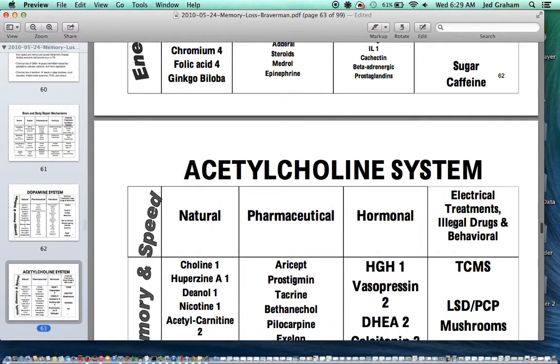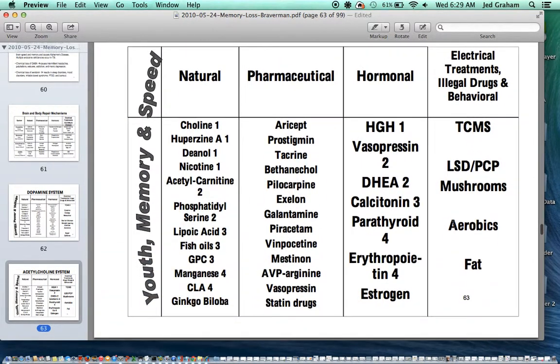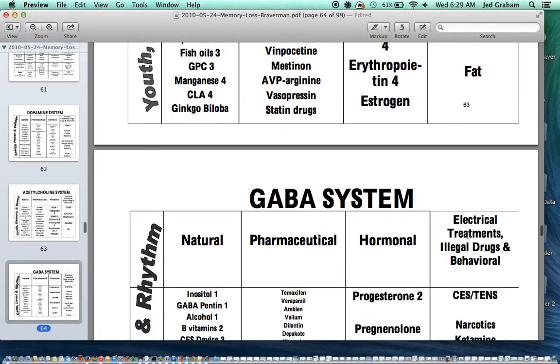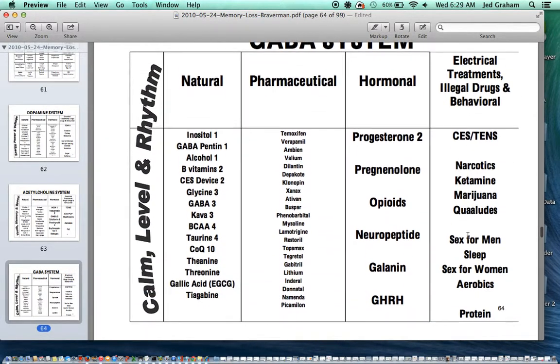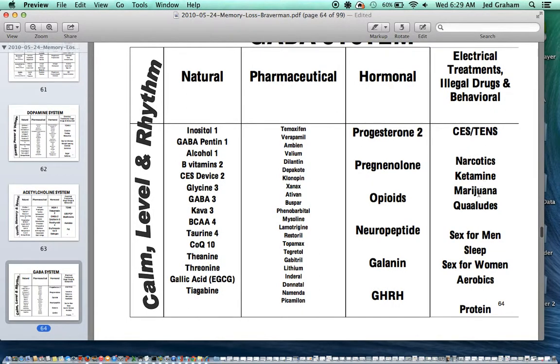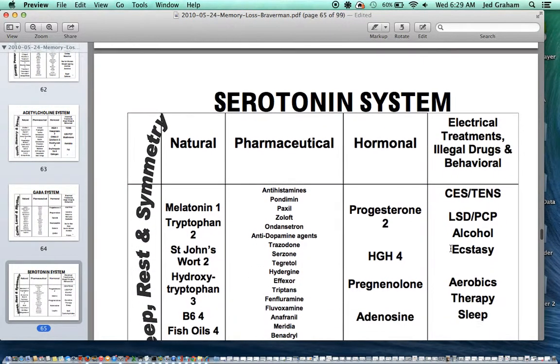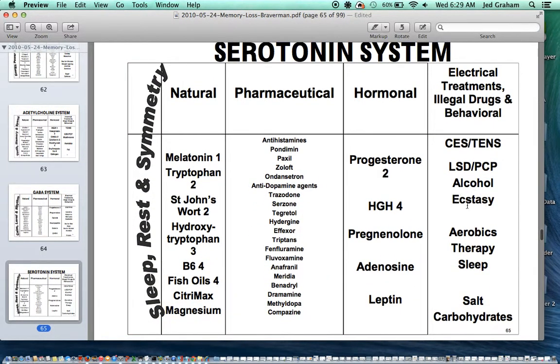And then we can go down the acetylcholine system, and we can get down into LSD, mushrooms, and then we can go down into the GABA system, and we get into narcotics, ketamine, marijuana, quaaludes, sex for men, sex for women, aerobics. And then we get into the serotonin system, and we look at alcohol.